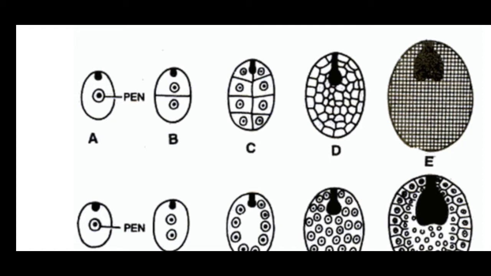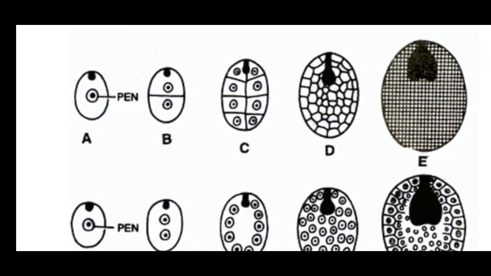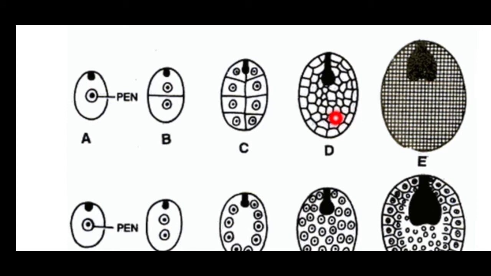This mitotic division keeps going, and we also see the darkened structure developing at the same time, which is the zygote, the embryo developing there. So this first case of division, where the cells are formed by mitotic division, is what is known as the cellular type of endosperm formation.